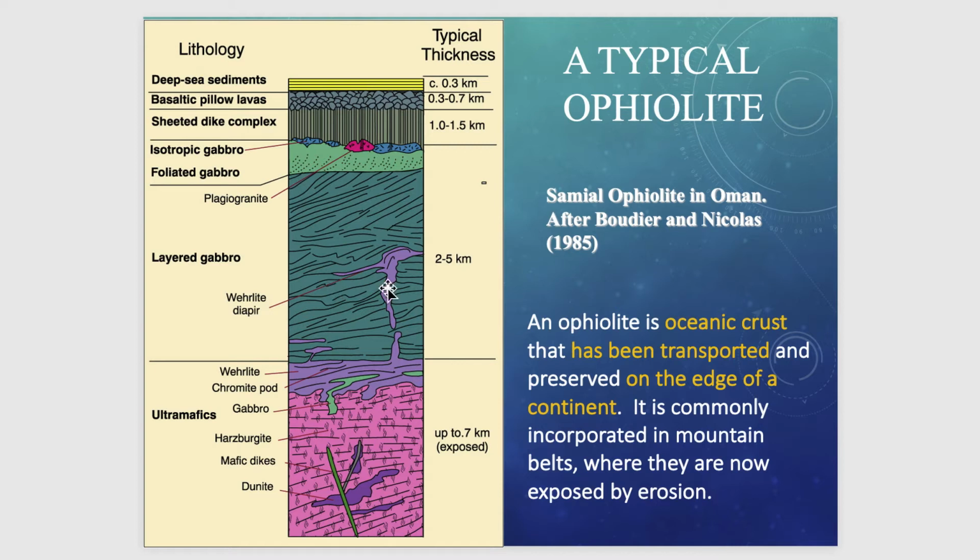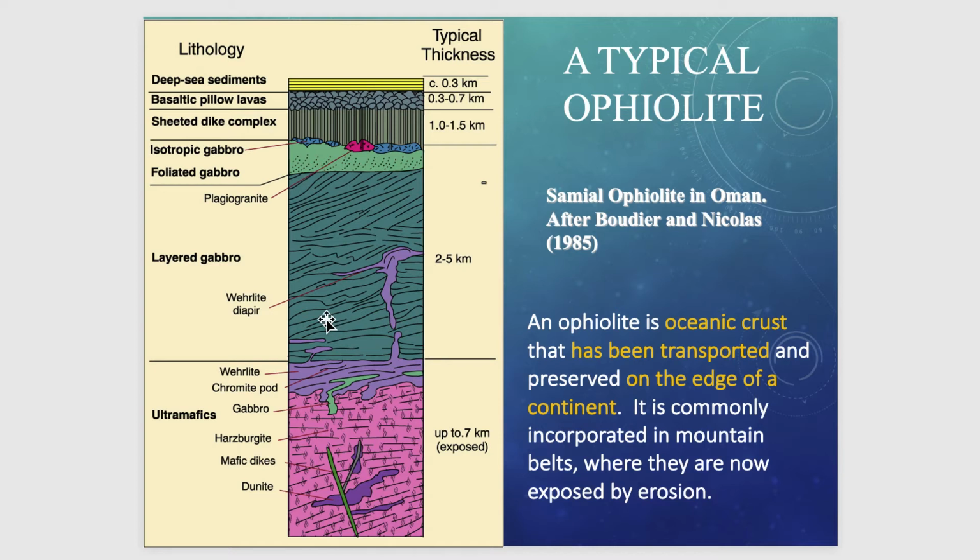So you start to form these gabbros down here and bring them up, and these are also linked to the major magmatic chamber that was crystallizing a lot of gabbros.